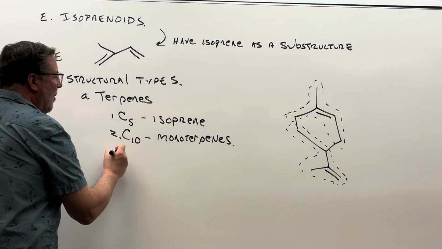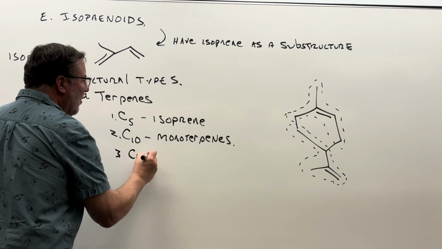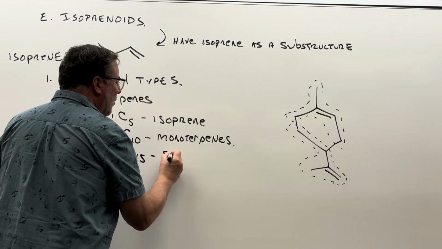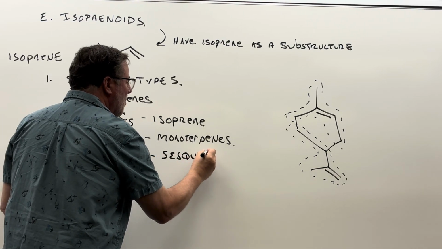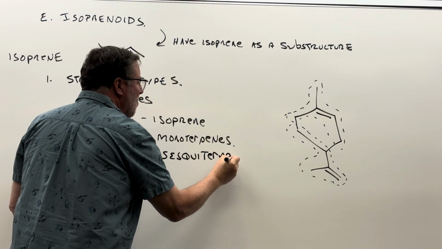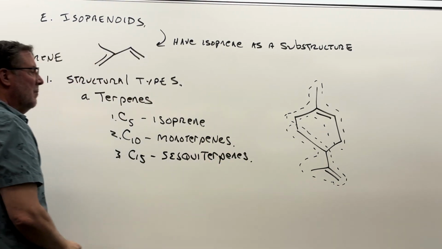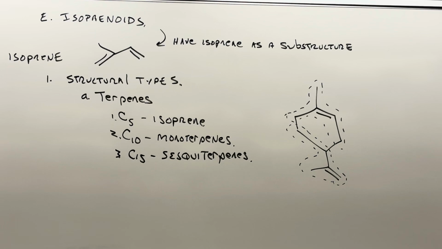There are similar kinds of molecules with 15 carbons, known as the sesquiterpenes. This includes a compound like humulene, which is in hops. Actually, THC, tetrahydrocannabinol, is highly derivatized, but it arises basically from a sesquiterpene skeleton as well.